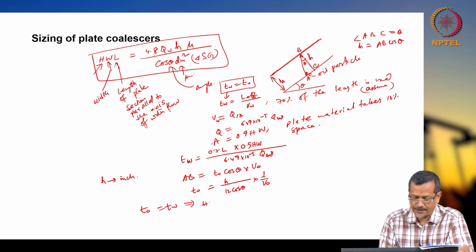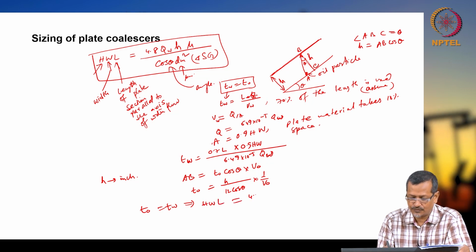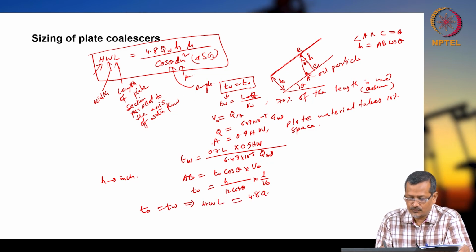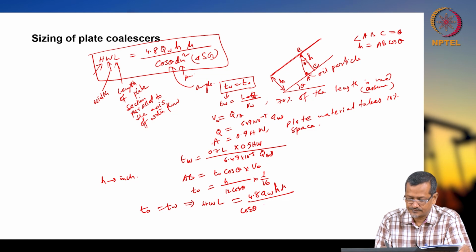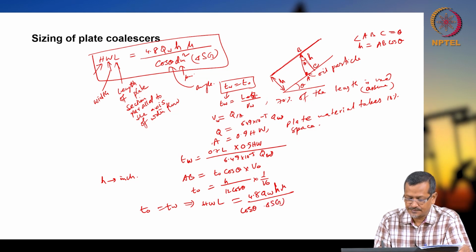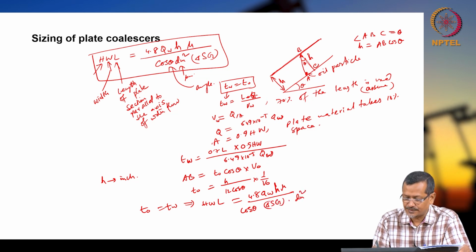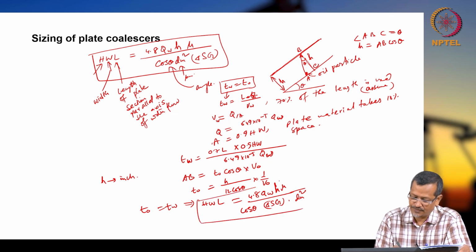This will give HWL equals 4.8 cos theta LSG into dm square. This is the final form of the equation.